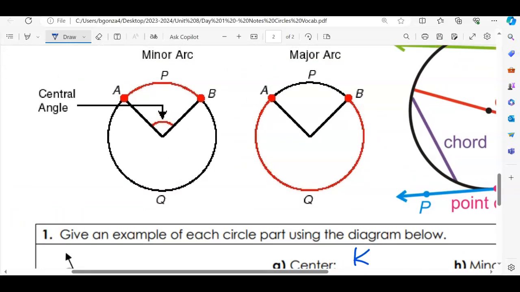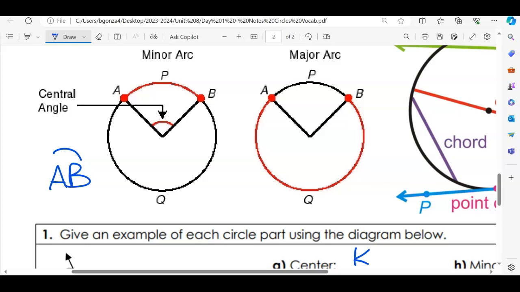Before we get to the examples, look at this picture right here. It's basically the same, but if you can't see it on your page because yours is in black and white, look at mine. In red here, this minor arc goes the shortest distance, A to B. This major arc goes the long way, A to B, passing through Q, down here. So if I'm going to name these, I name a minor arc with 2 letters, so go ahead and write this down. This minor arc is AB with a little arc on it.